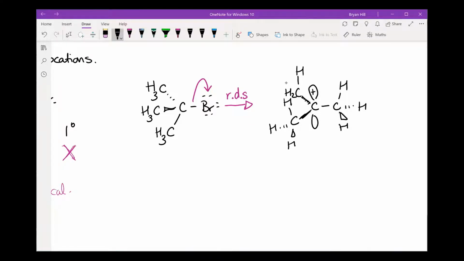So we form our carbocation, and our leaving group is left with its electrons. If the bromide just comes back and attacks the carbocation, we're just going backwards, right? So that's not important.